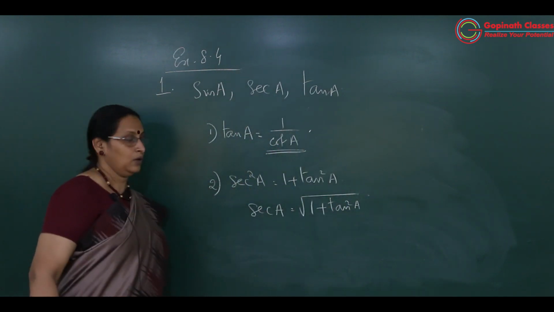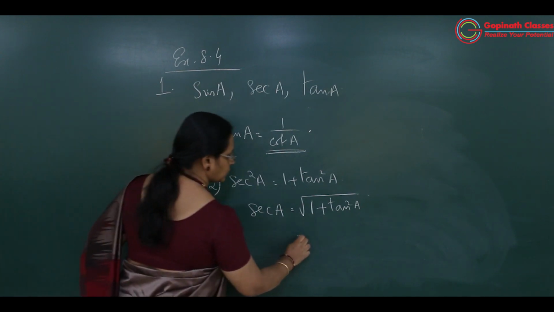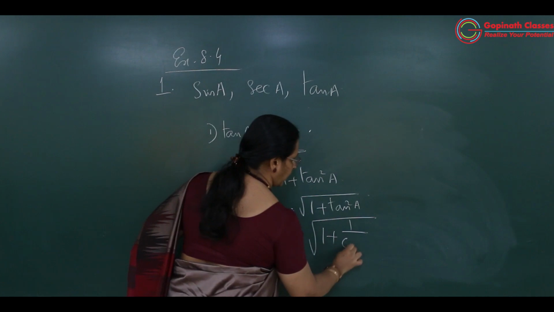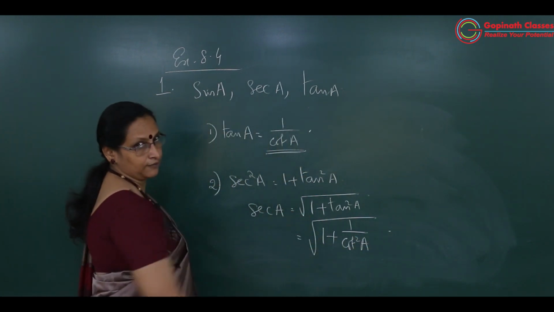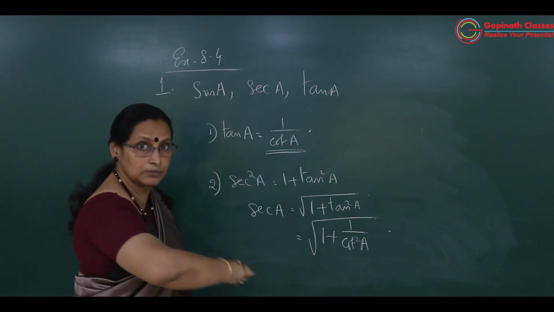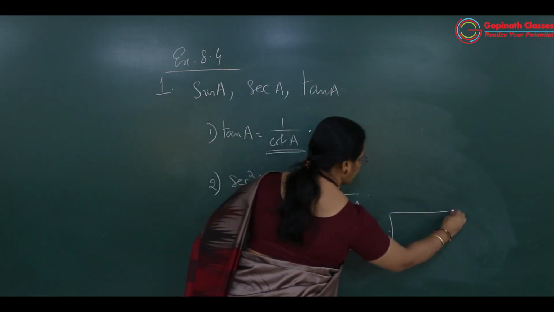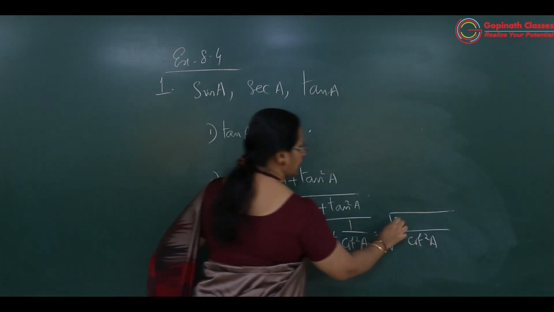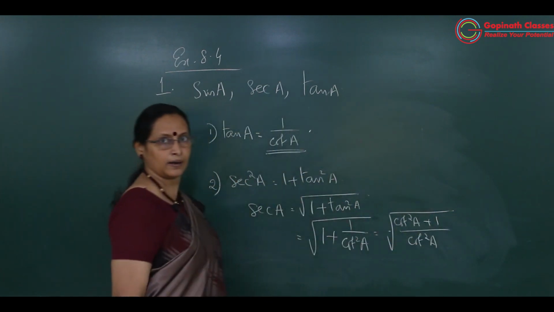Now we don't want tan, we want in terms of cot. So let us do this as 1 plus, I can change tan as 1 by cot square A. Now see, sec got converted into cot. So I am going for LCM. So LCM will be cot square A. So ऊपर क्या आएगा? Cot square A plus 1.